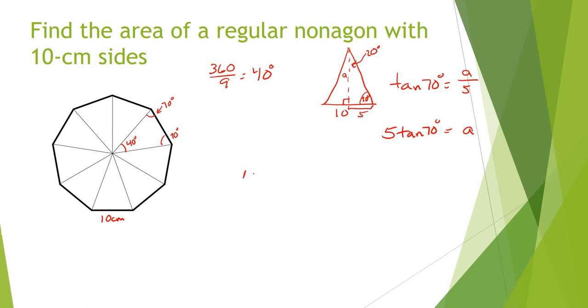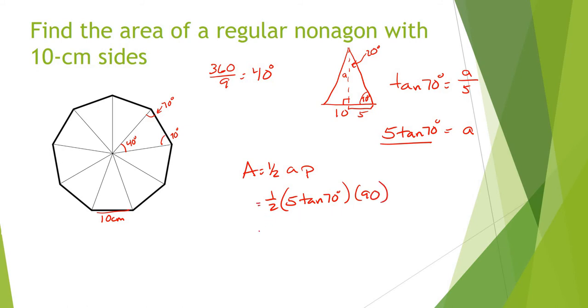Going back to my area formula, area is 1/2 of the apothem times the perimeter. So 1/2, the apothem is 5 tan 70. The perimeter is 10 times 9, or 90.